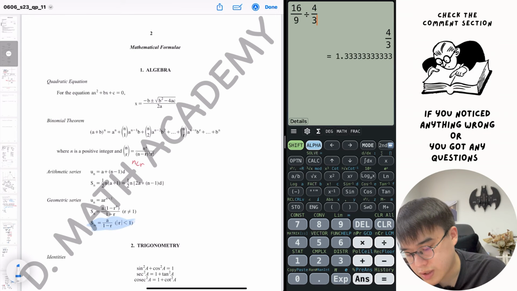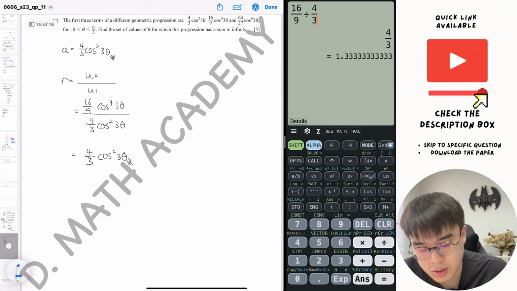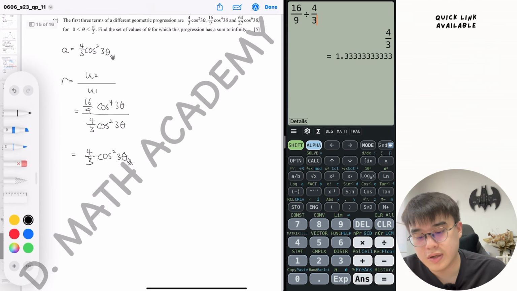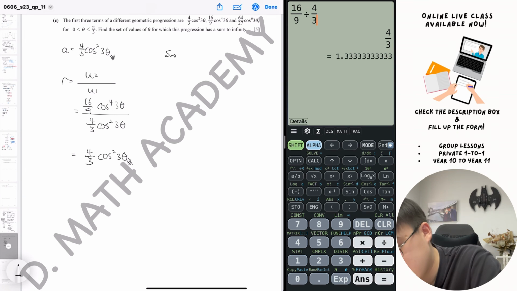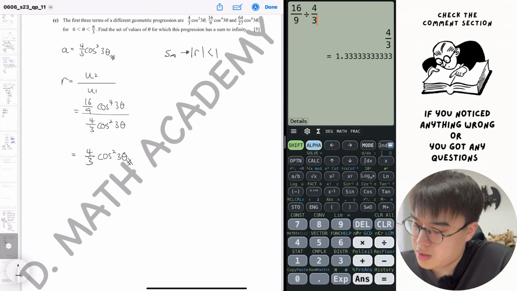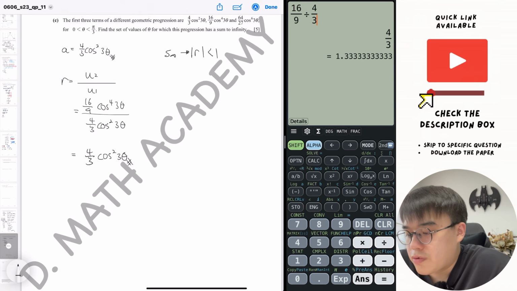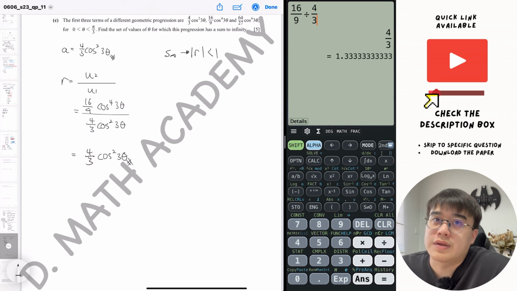You must know that your modulus of r must be less than 1. Okay, so with this fact, I'm going to write it down. Modulus of r must be lesser than 1. Okay. Find the value of theta for which the progression has a sum to infinity.